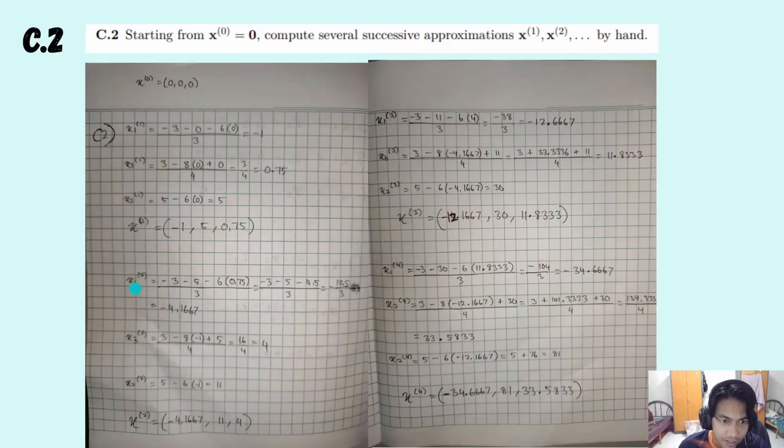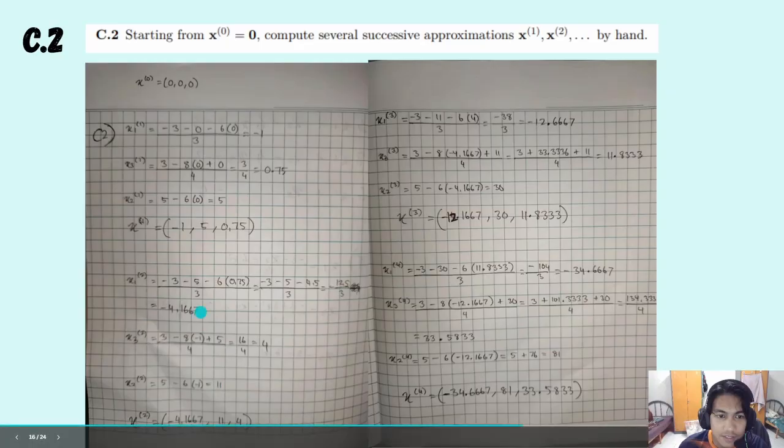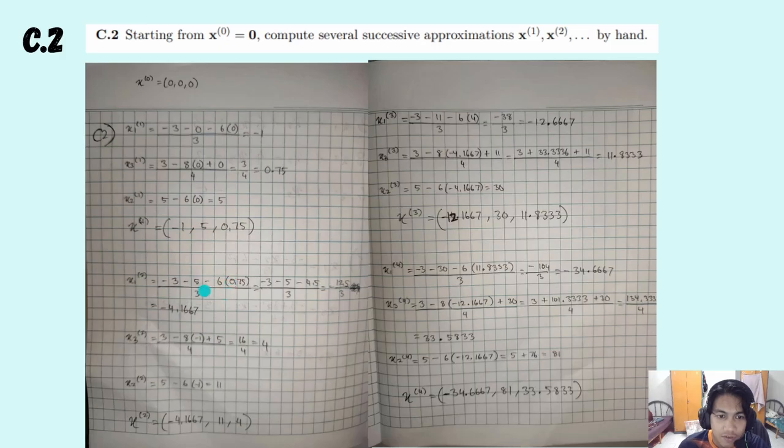For x2, we replace x1, x2, and x3 with the values we got before. As you can see, for x1, we use 0.75, which is from the variable x3.